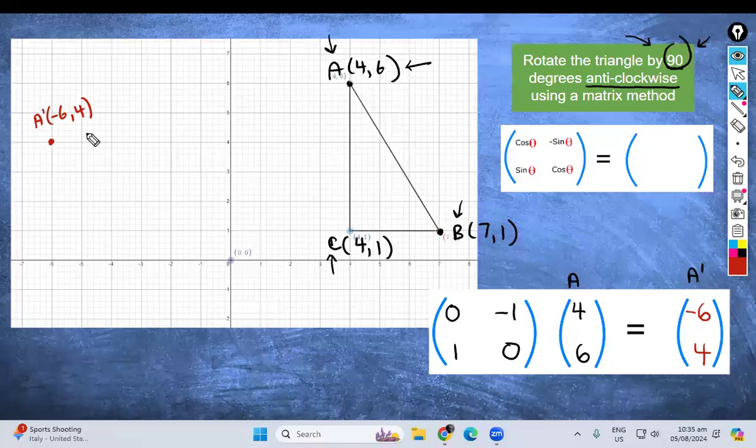Do the same thing for point B now. Take point B, which is 7, 1, multiplied by the same matrix, and get B prime for me. You see, this particular matrix is going to take each point and rotate it by 90 degrees anti-clockwise.